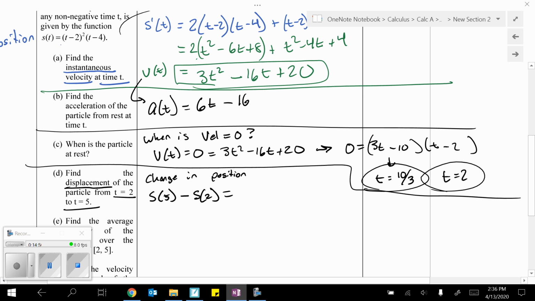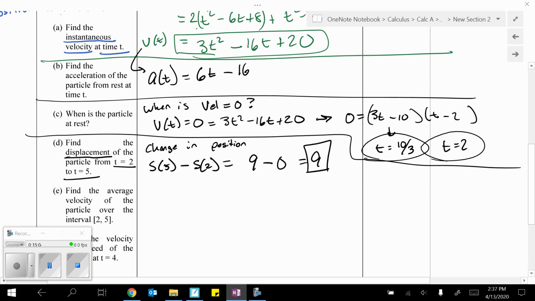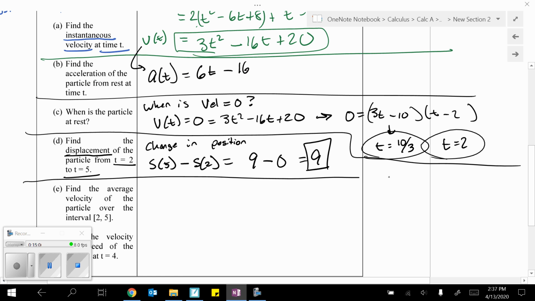That'd be like 5 minus 2 is 3, 3 squared is 9, 9 times 1 is 9. Plug in 2, you get 0. And once again, if I had units, I would give context. I would say 9 feet, 9 miles, 9 meters, whatever, but I don't. So it's okay to just leave it as 9.